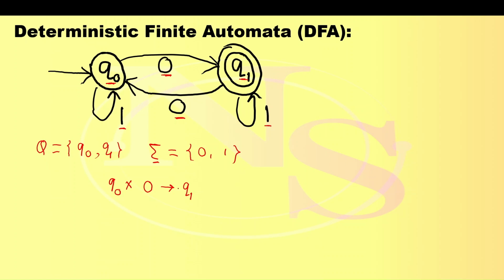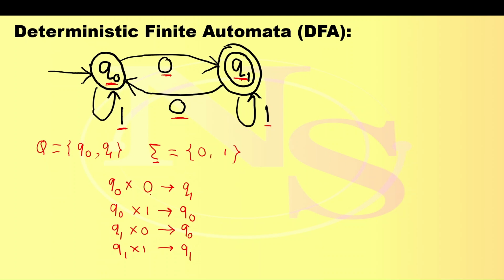Or Q0 reading 1 is going to Q0. Or Q1 reading 0 is going to Q0. Then Q1 reading 1 is going to Q1.